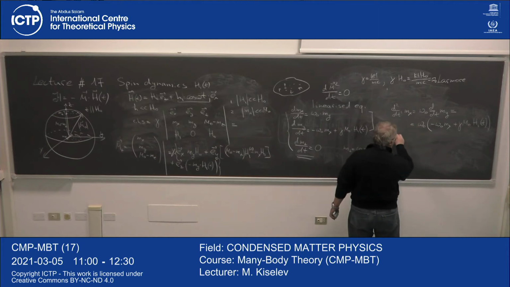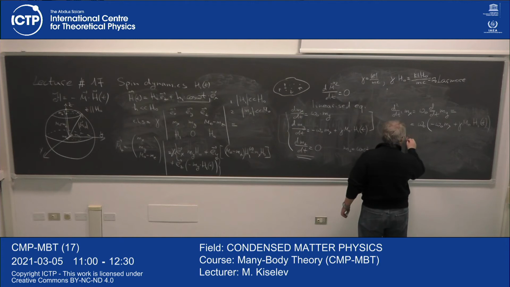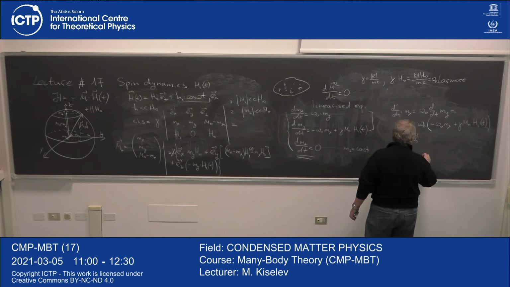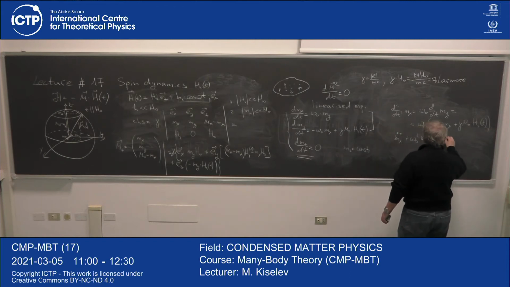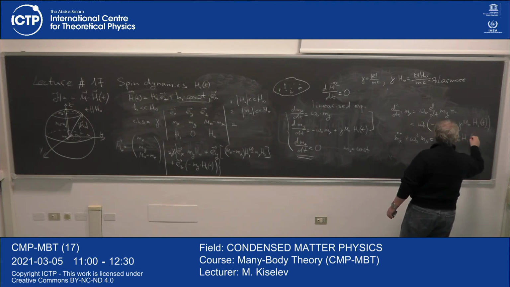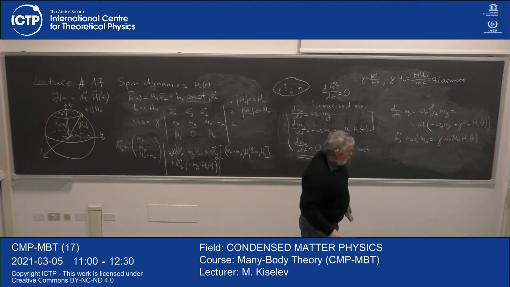Therefore, my equation is mx double dot plus omega naught squared mx is equal to gamma omega naught m naught h1(t).